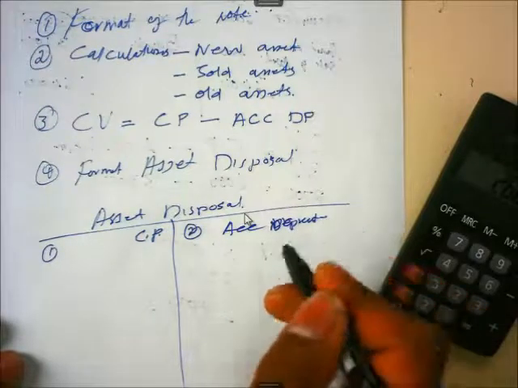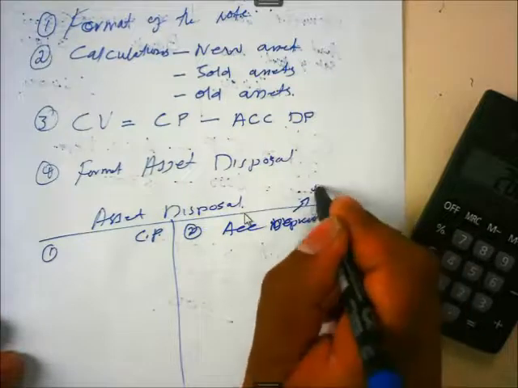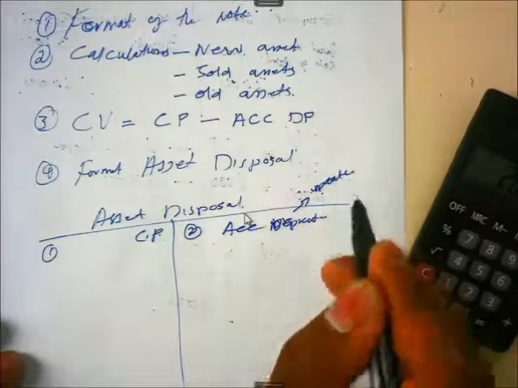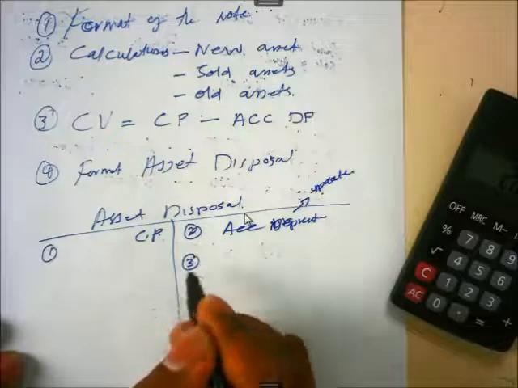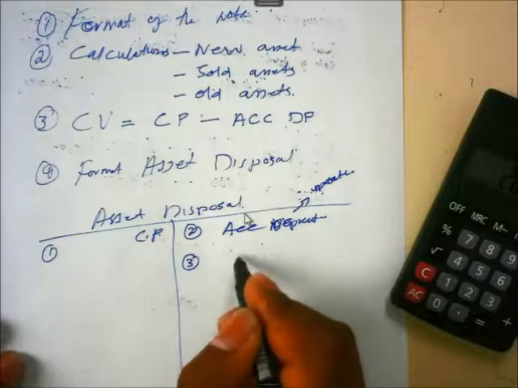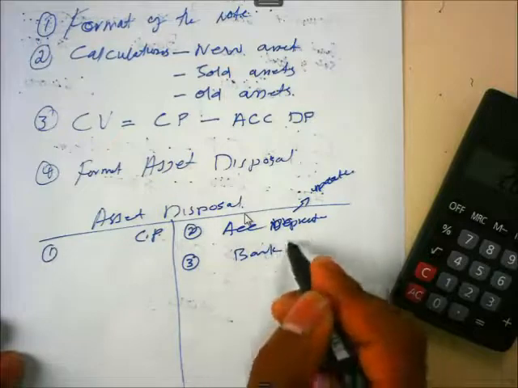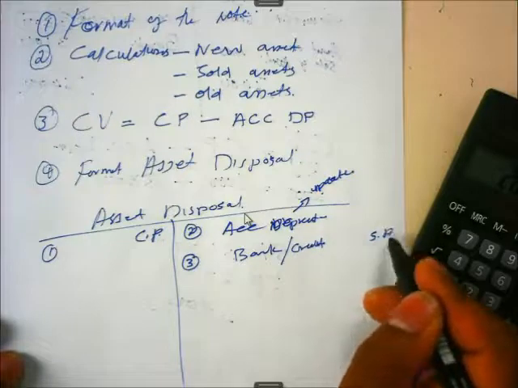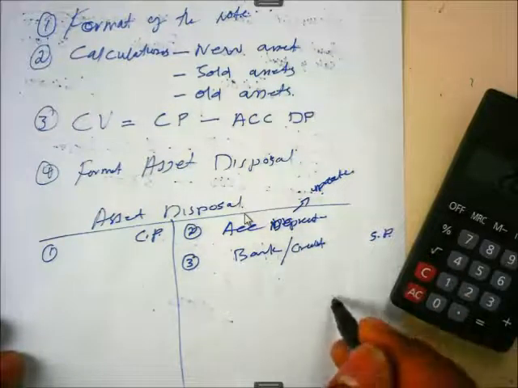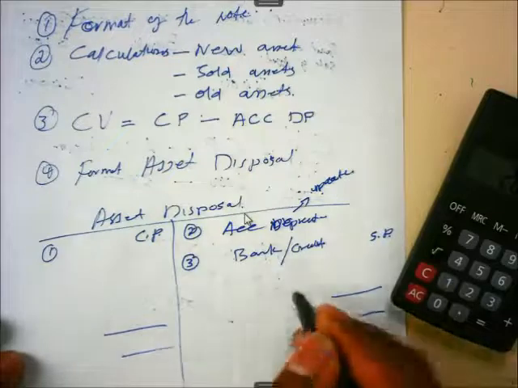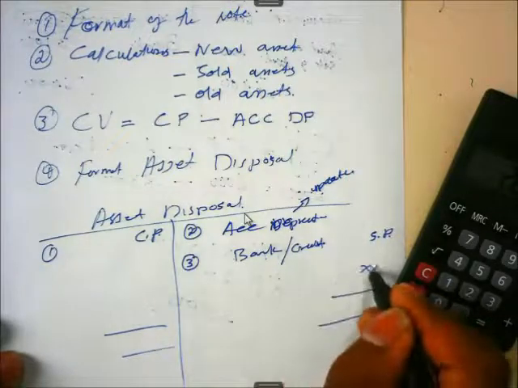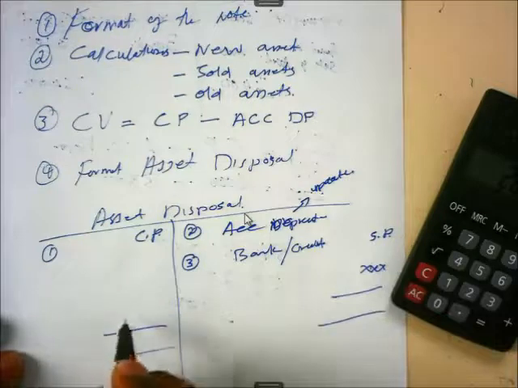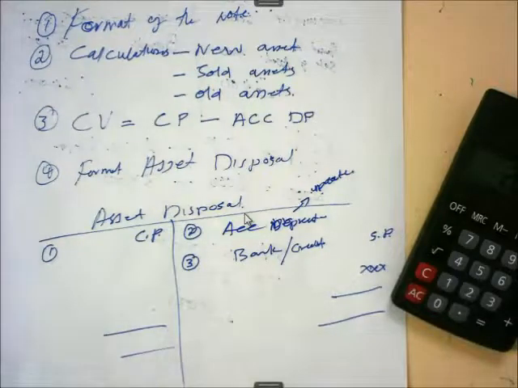Remember, we said this must be the updated accumulated depreciation. Step 3, record your selling price, either bank or creditors, and this will be shown at selling price. And then the difference would be either your profit or your loss. So the format of this account does not change.